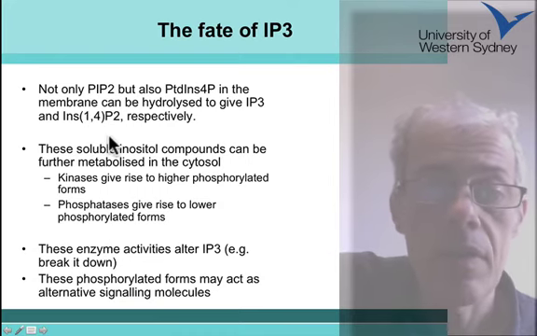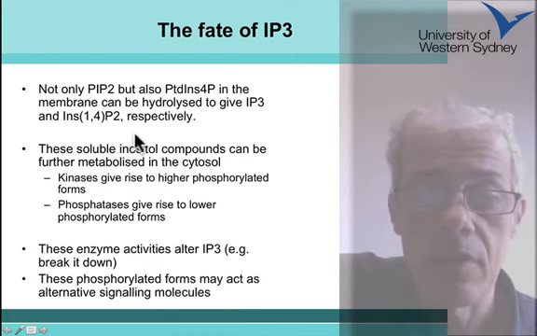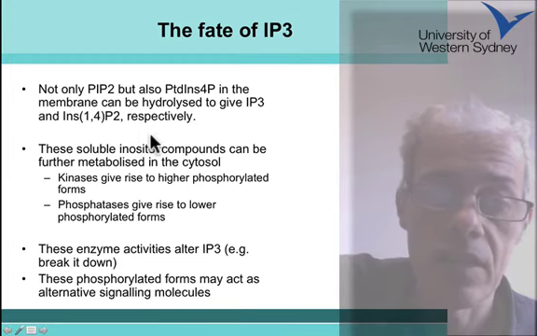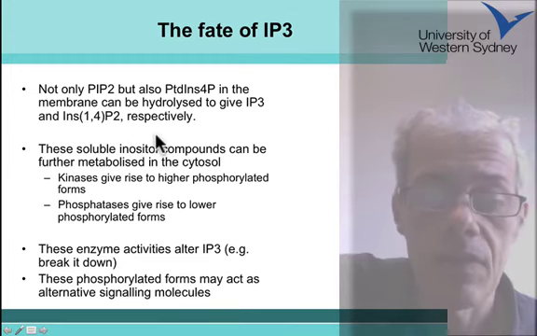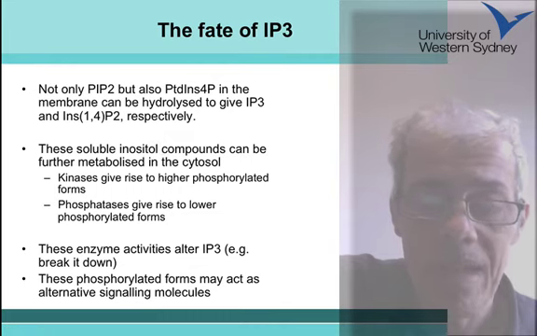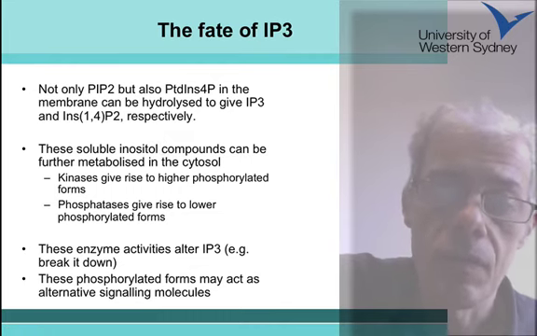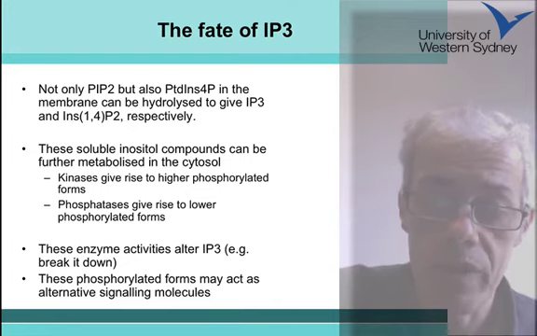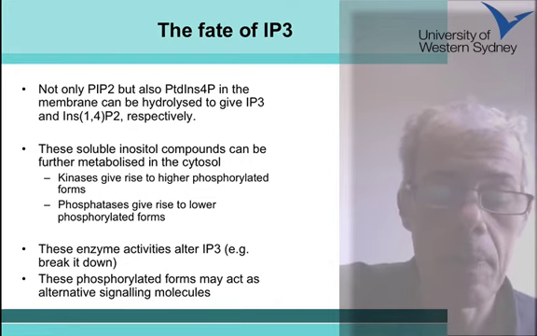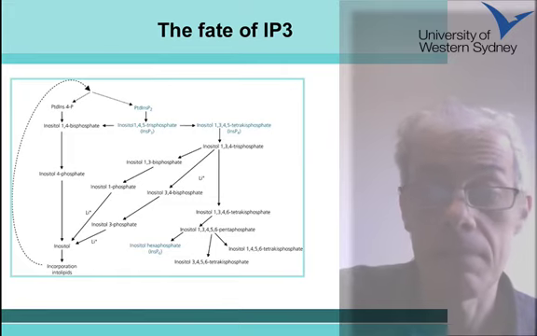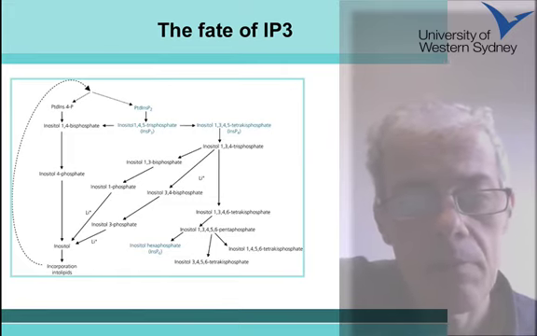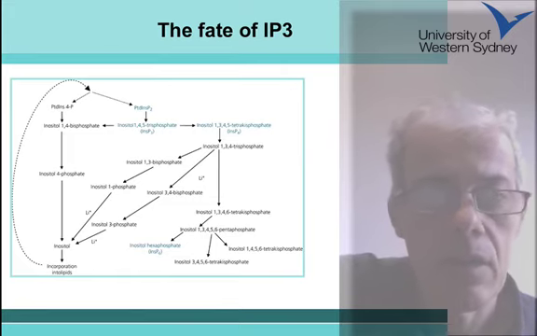Now, these other soluble inositol compounds can be further metabolized in the cytosol, and this gives rise to a mishmash of different phosphorylated inositol compounds within the cell, which is currently being studied. So there are a lot of these molecules present in the cell, and their roles are becoming apparent.